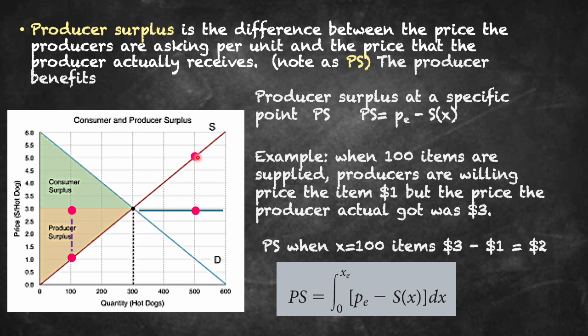So the producers want $5, but the customers are going to pay $3. The sellers are not going to be happy because there's a difference of $2 from what they expected to what they're going to get. That difference, in that area here, we're going to call the no-go zone. So we're not going to be focused on anything to the right of the equilibrium point.